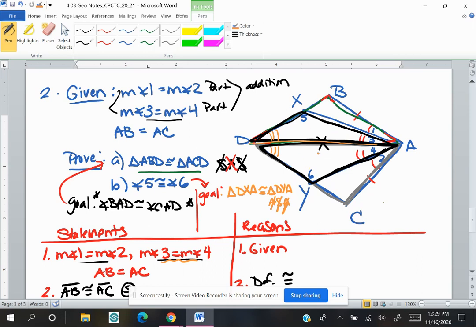Once we had those two triangles congruent, we could use CPCTC to get these two angles over here congruent to each other, which allowed us to get these two black triangles congruent by angle, side, angle. Once I had the two black triangles congruent, I could then get angle 5 congruent to angle 6 by CPCTC. And CPCTC stands for corresponding parts of congruent triangles are congruent.